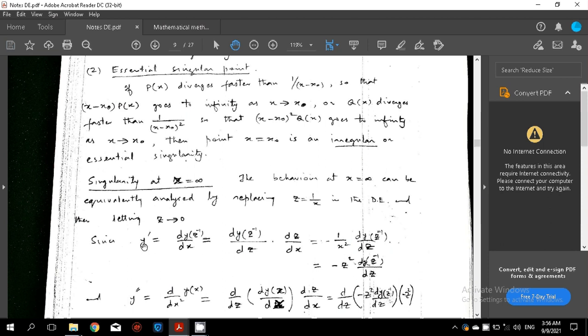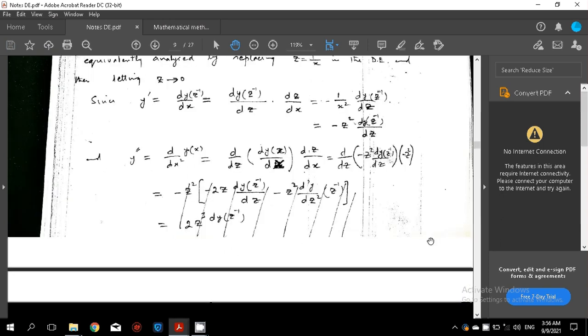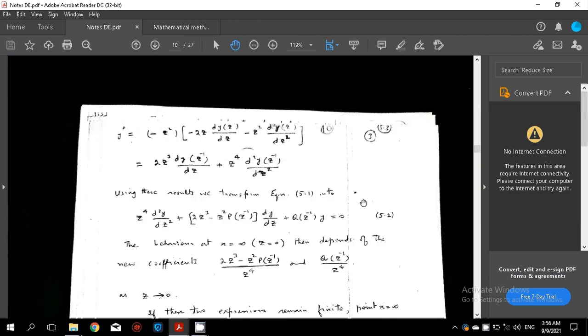Now here is the derivative with respect to x, but we have to convert this to the derivative with respect to z. So we will substitute z is equal to 1 over x, and we go through these steps here to see how these derivatives are converted into the derivative with respect to z, and then get the value of p and q.